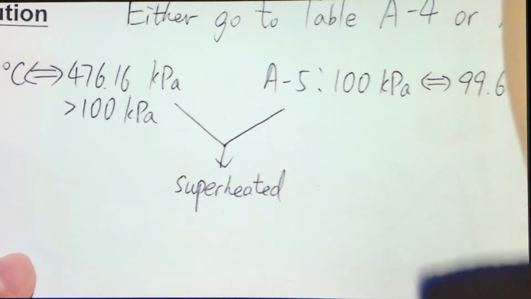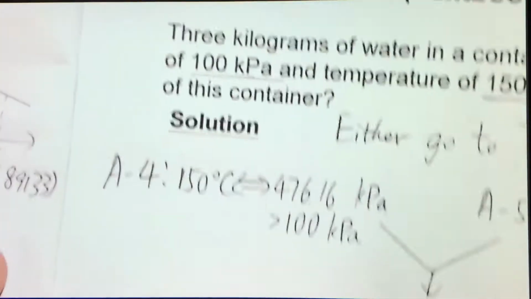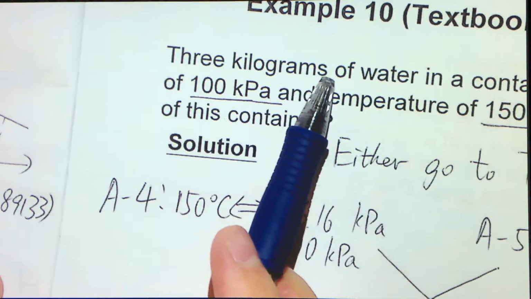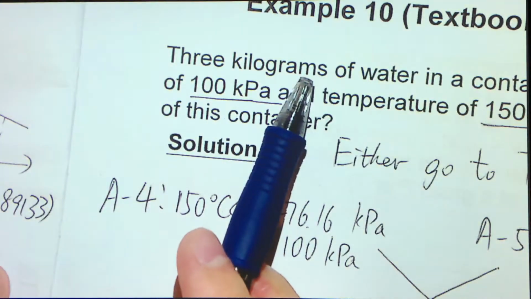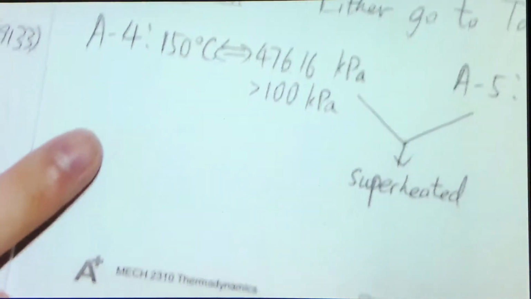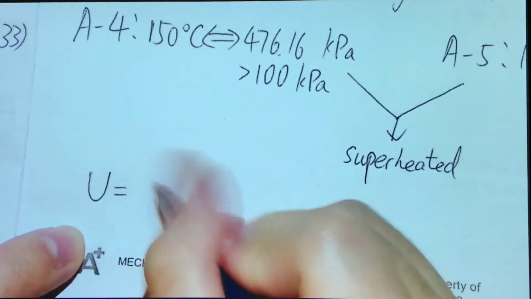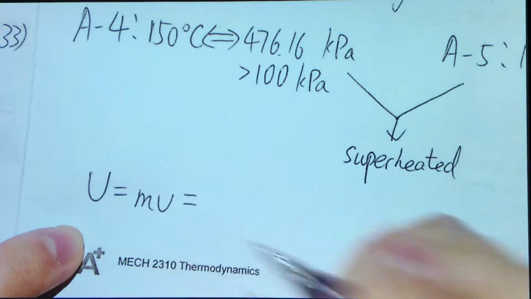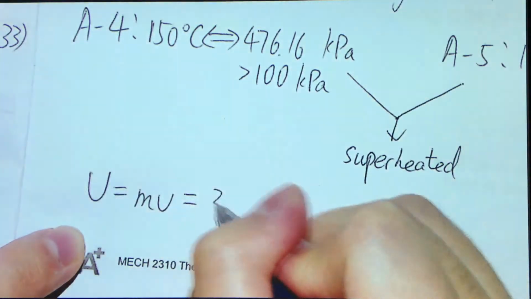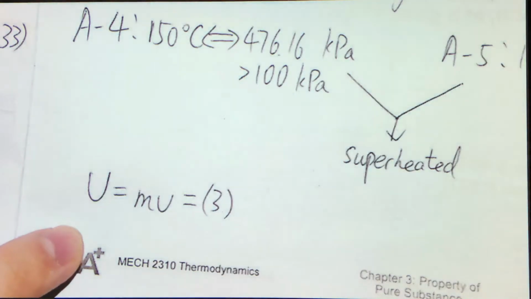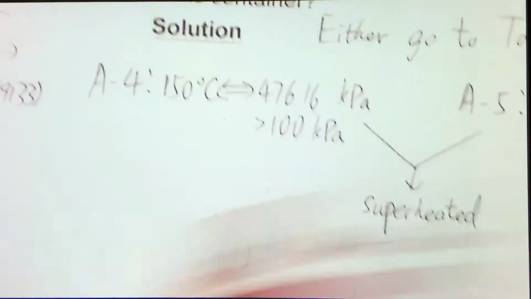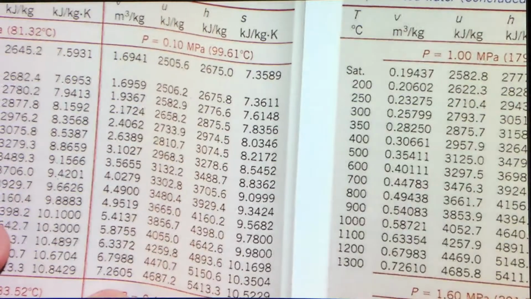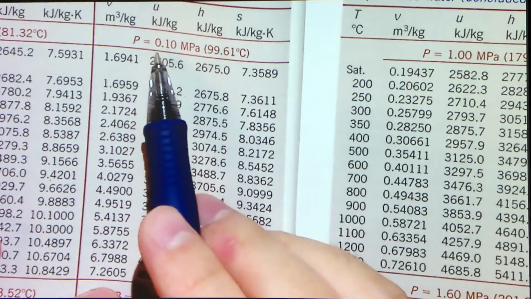And we need to find out the volume of this container. Well, here we have been given the mass. So what remains is to find out the specific volume. So here, the volume is equal to mass multiplied by the specific volume, so equal to 3 multiplied by... Let us go to the superheated table, that is table A6. So 100 kilopascal means 0.1 megapascal.